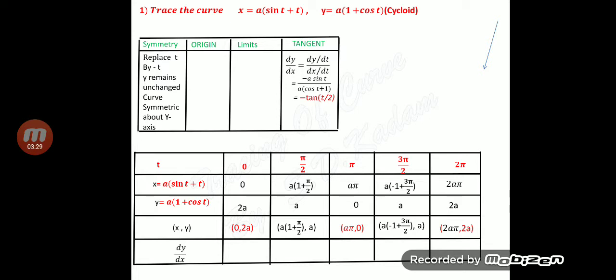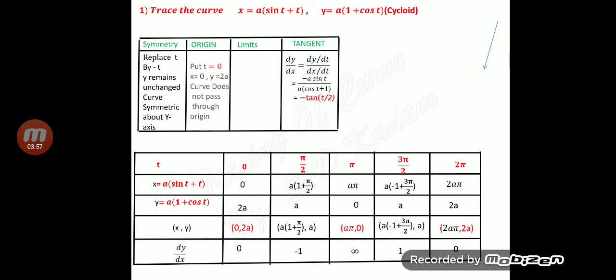Clearly, there is no point (0, 0) in the table. At t = 0, the values are 0 and 2a. Therefore the curve does not pass through the origin. Now let's find dy/dx also. At t = 0, tan 0 is 0, therefore 0, then minus 1, infinity, 1, and 0.